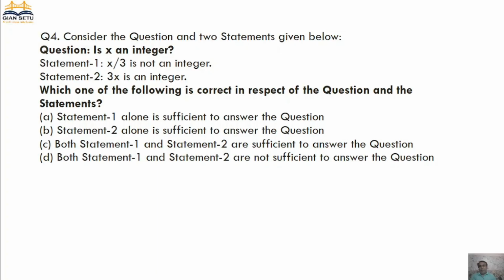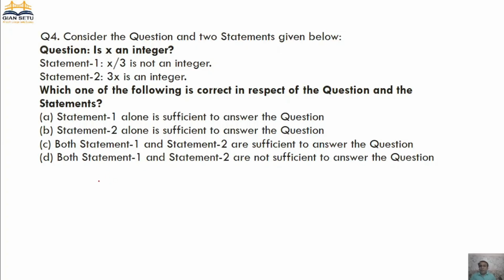Let's verify whether this statement is sufficient to answer the question or not. Similarly, we have to verify whether statement 2 is sufficient to answer the question or not, right? Now first of all let's see statement 1.